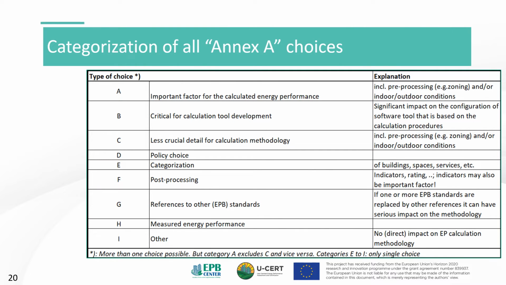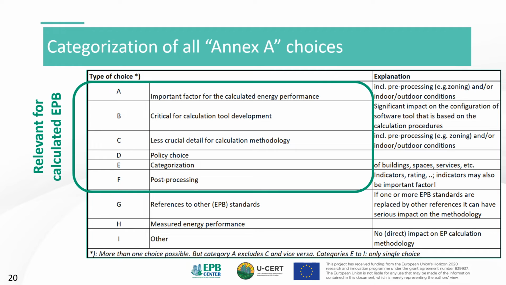So here you find 9 categories of these choices, whether it's an important factor for the calculation, whether it's critical for calculation tool development, or maybe a less crucial detail, whether it's a policy choice or not, and so some of these choices can be multiple choice, so a policy choice can be an important factor or a less important factor, etc. Whether it concerns categorization of the types of buildings or spaces or services, post-processing, choice in references to other EPB standards, measured energy performance or others.